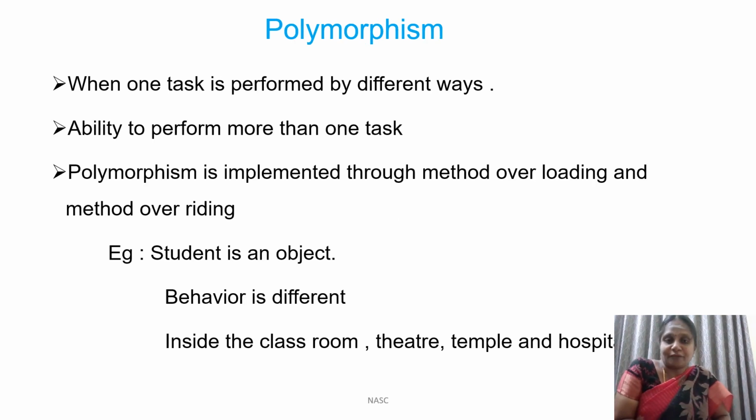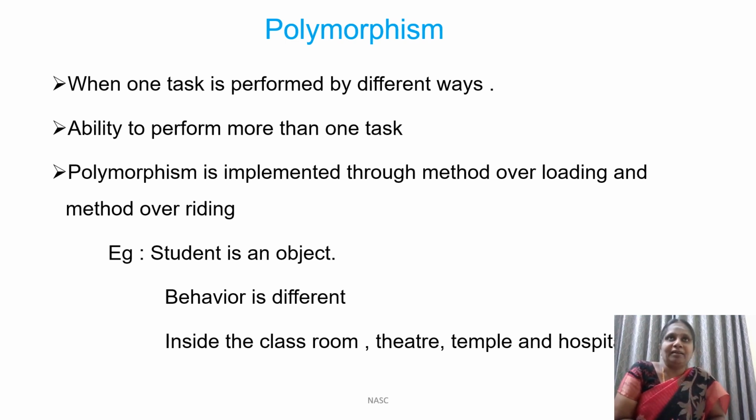Polymorphism. Of course, by the name itself, it is very clear. Poly means multiple. Here, every object has the ability to take more than one form. For example, we are assuming the student is an object. The student exhibits different behavior at different instances of time. For example, inside the classroom, his behavior is different.